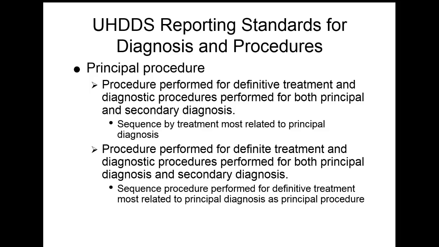So the abdominal pain here is not the principal diagnosis. It's not even coded. Patients with acute appendicitis have abdominal pain, so it's integral to the appendicitis, so it is not coded. The acute appendicitis is the principal diagnosis code, and the appendectomy will be the principal procedure code here.